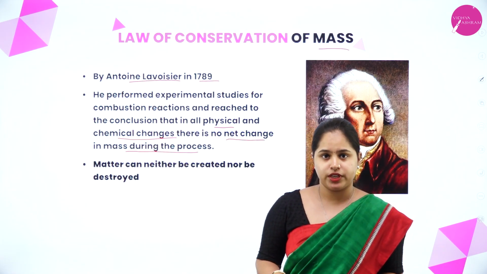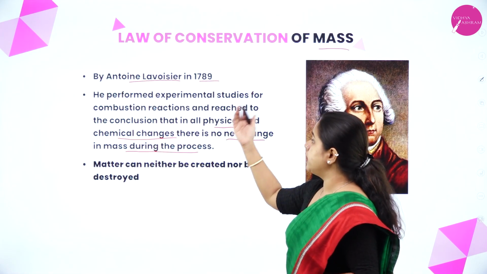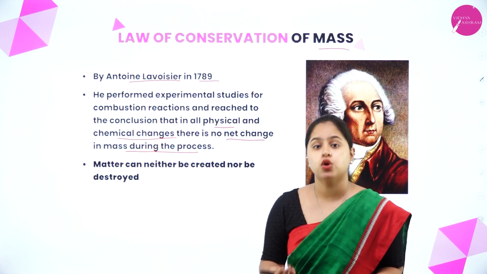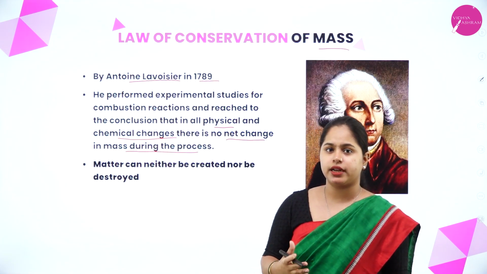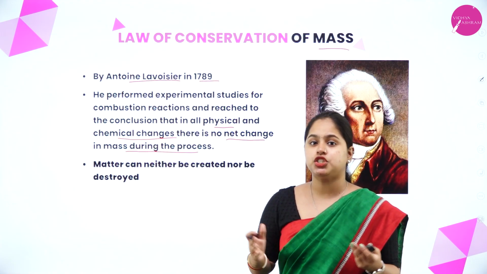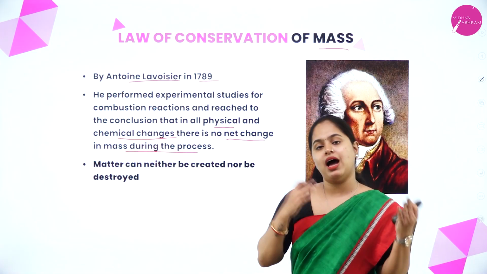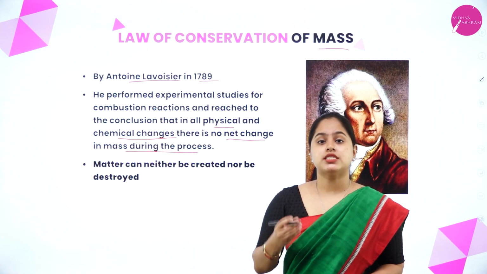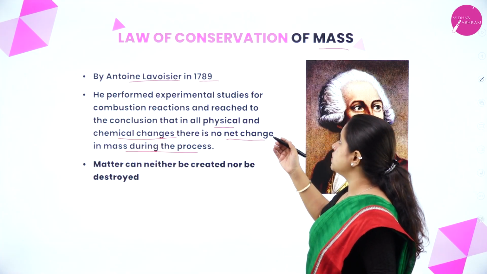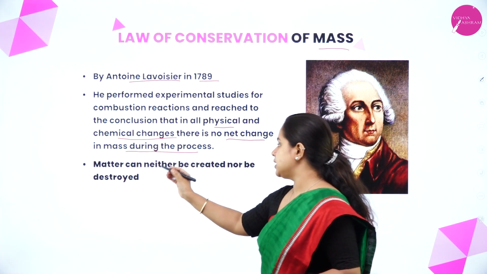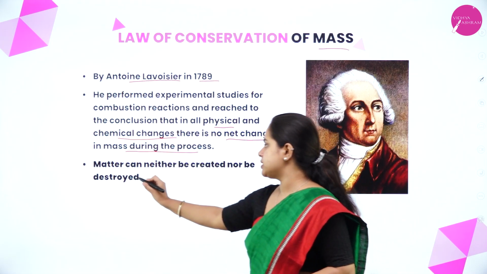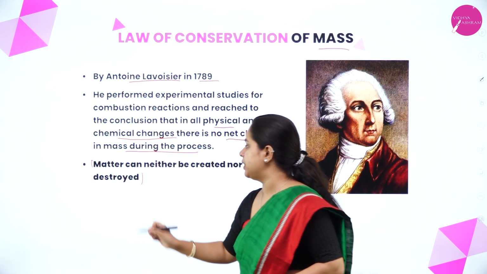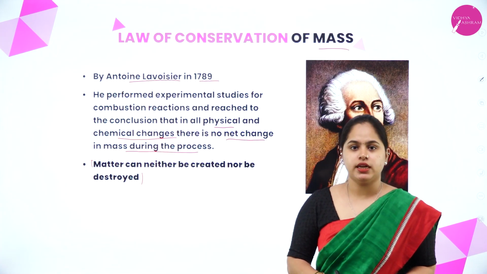Lavoisier was able to conclude from his experiment that let it be a physical or chemical reaction, there won't be any change in mass before and after the reaction, right? So the statement for the law of conservation of mass is, matter can neither be created nor be destroyed.